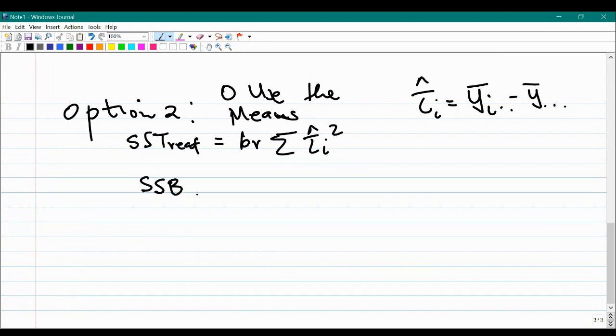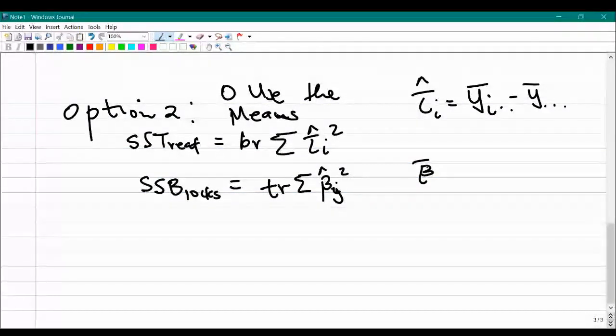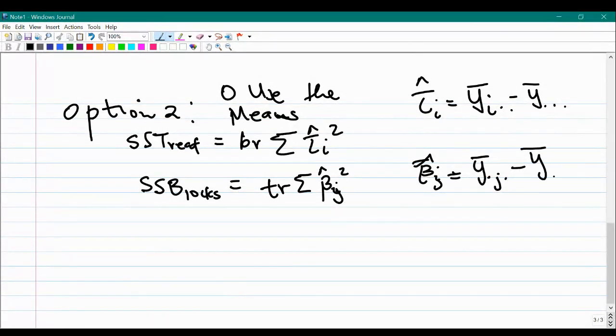Or if you want to find SS blocks, this is TR summation of beta j hat squared, remember? So it's up to you. Oh, sorry, this is the hat. Beta j hat is given by y dot j dot bar minus y bar dot.